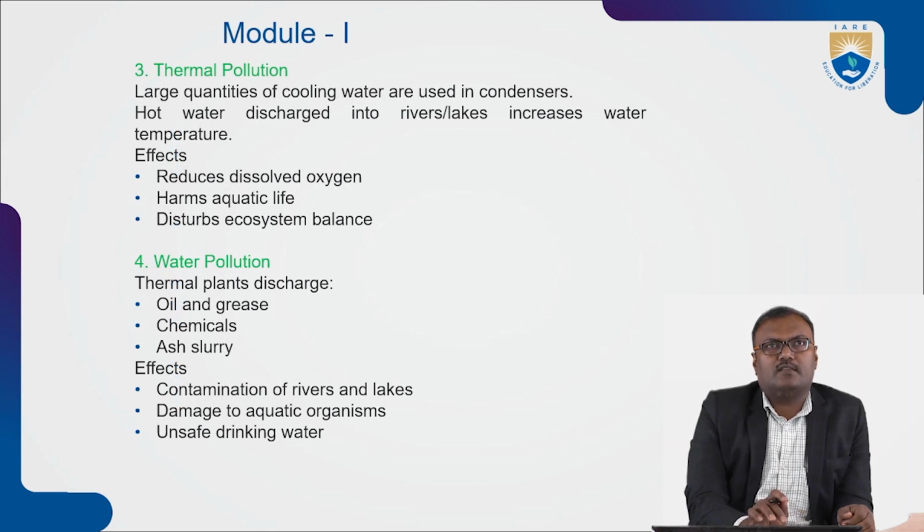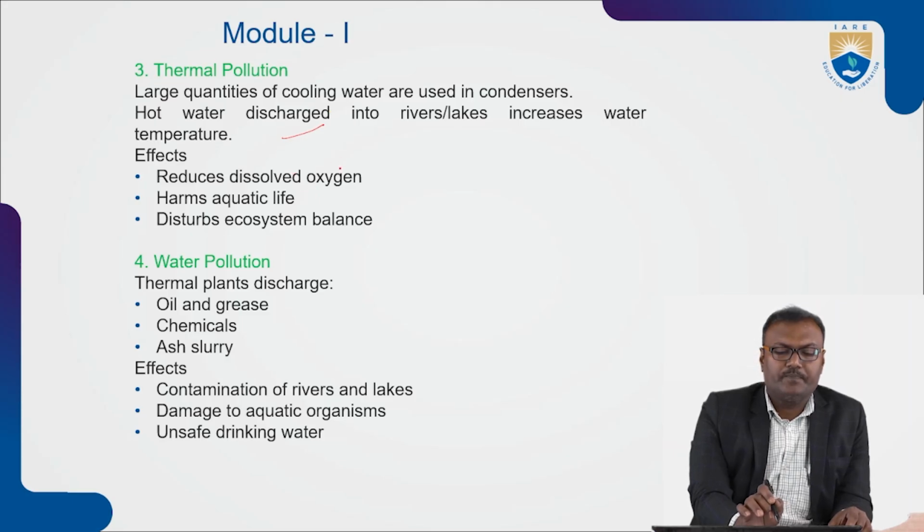And the next one is thermal pollution. A large quantity of cooling water is used in condensers. Hot water is discharged into rivers or lakes, which increases the water temperature. This reduces dissolved oxygen, harms aquatic life, and disturbs ecosystem balance.